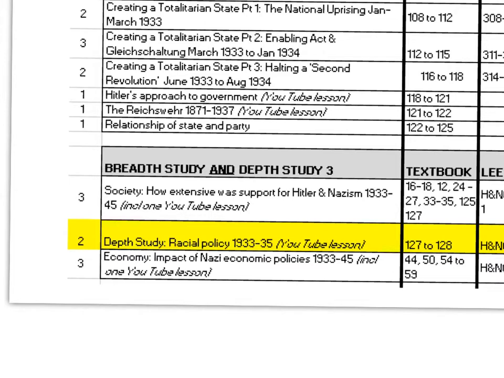This particular topic, racial policy, can be brought into a breadth study question about the development of society, because policy towards the Jews is very much a social issue, but it could also be a specific question about itself for the depth study, as indeed it was in 2019 in this year's paper.